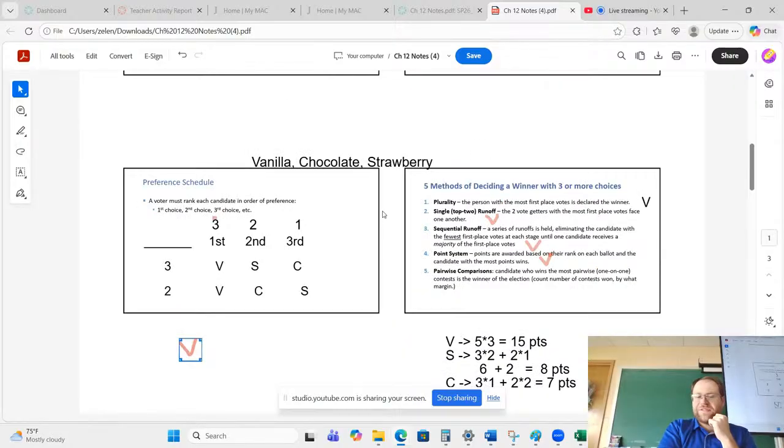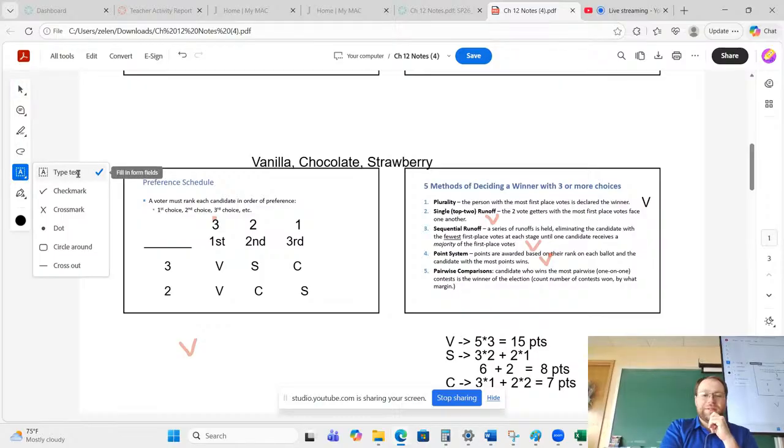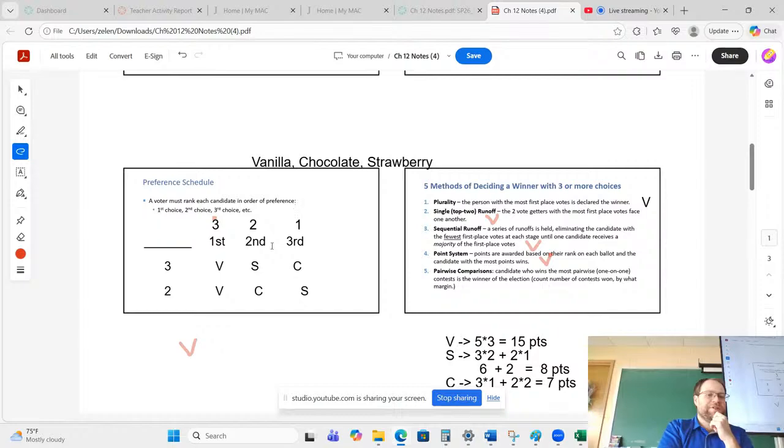Okay, and then the last type, the pairwise comparisons. Basically, you're going to do matchups with each possibility. Think a bunch of versus battles for this.